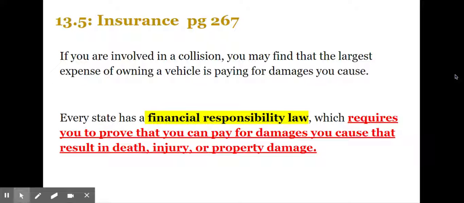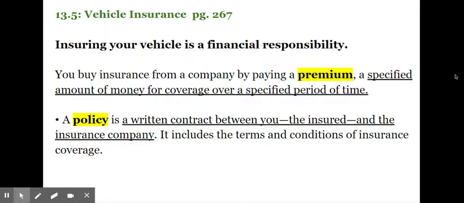Okay? When we go shopping for insurance, there's a lot of vocabulary that we need to be aware of. First thing, when you buy insurance, you are going to pay a premium. The premium does not mean you're paying this enormous amount of money. It's just what it's called.